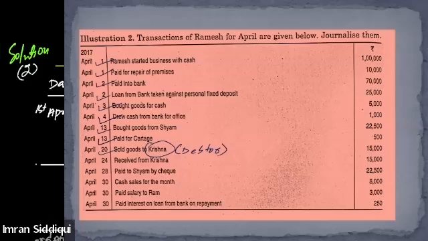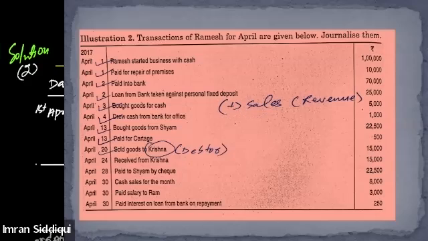Now, firstly, we are selling goods, so sales is what? Is it an expense or a revenue? Tell me quickly. It is a revenue. So when you sell goods, it will increase your overall revenue.